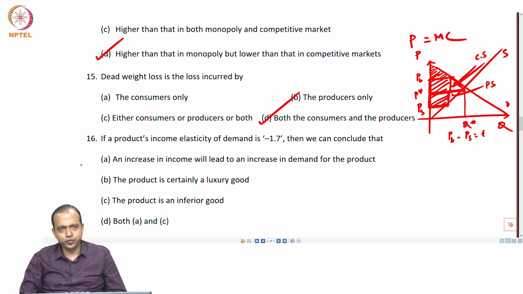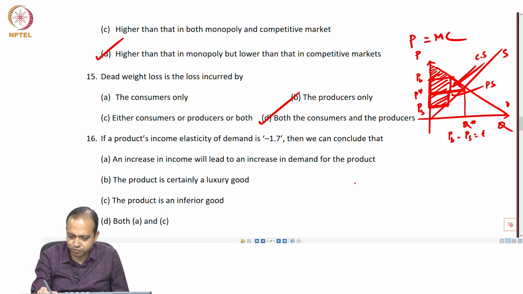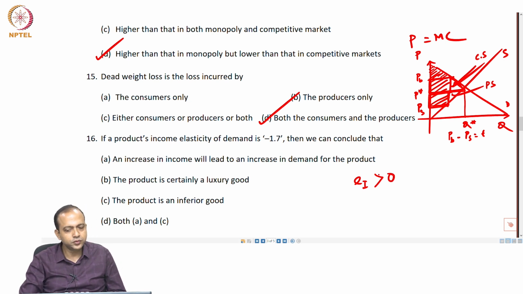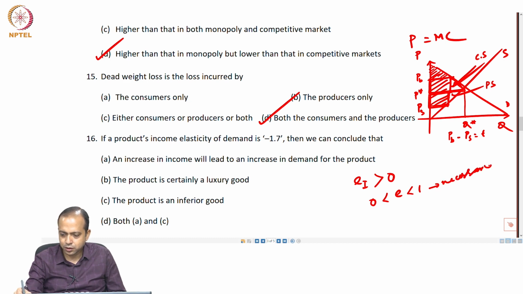See, for a luxury good, income elasticity has to be positive, as I defined earlier. Then if it is positive and less than 1, so if EI is less than 1 but greater than 0, then this is called a necessity.